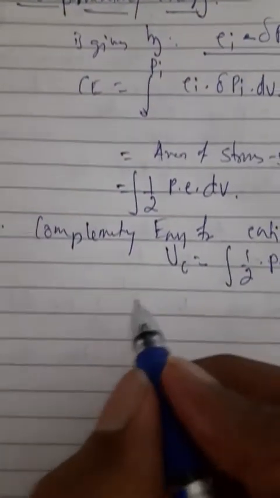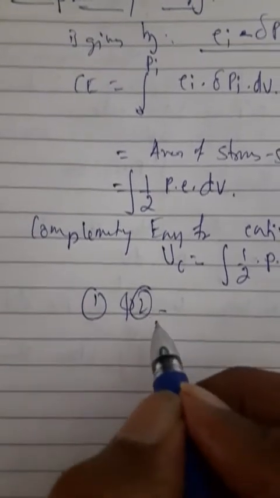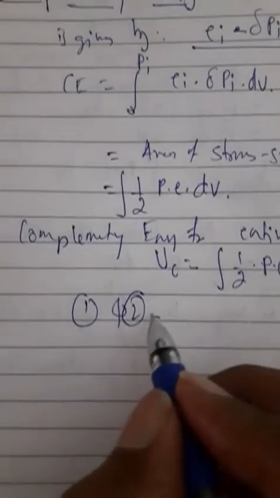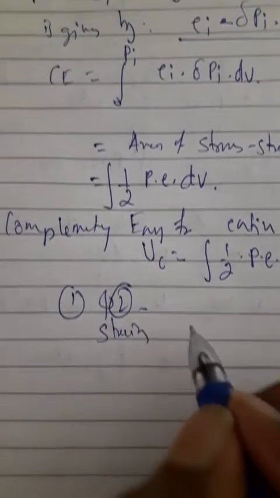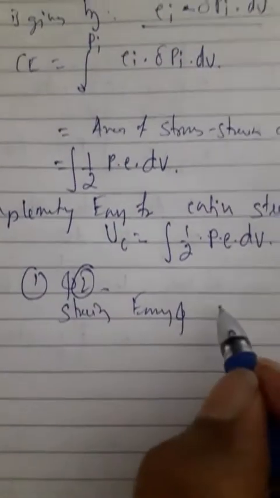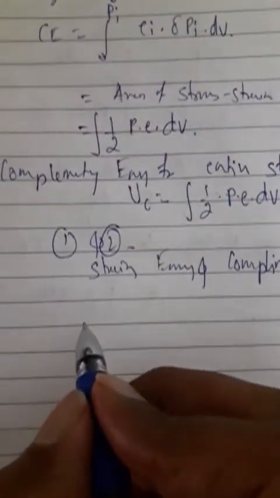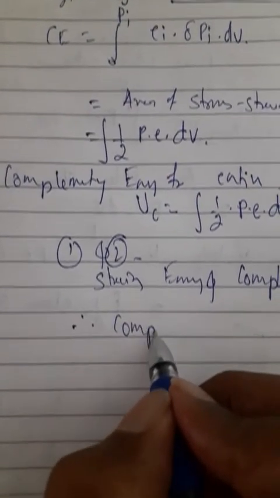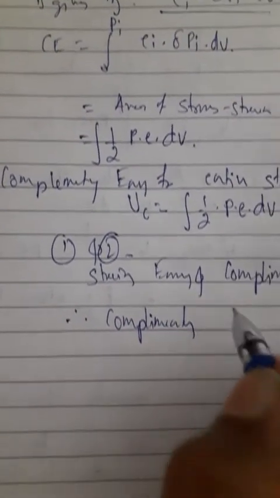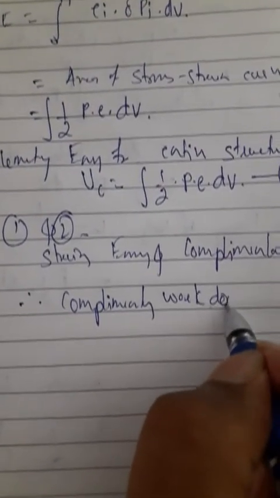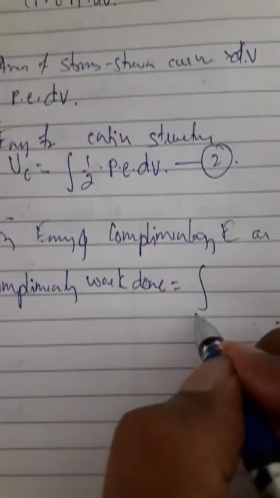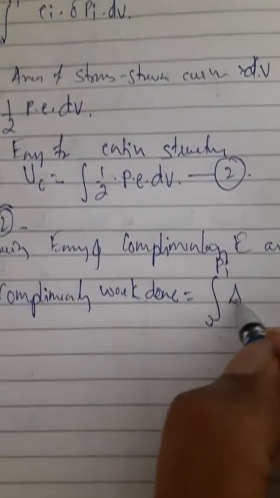Now comparing equations 1 and 2, we find that strain energy and complementary energy are equal. Therefore complementary work done is the integration from 0 to pi of delta I delta of pi.